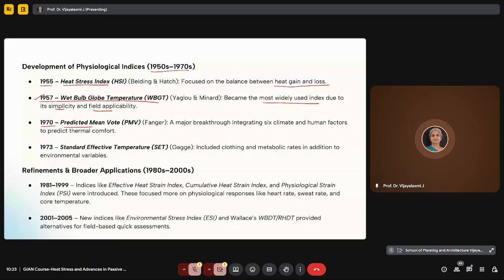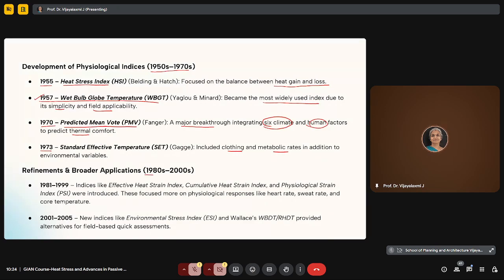In 1970, predicted mean vote came, by Fanger, and this became a major breakthrough because it integrated 6 climate and human factors to predict thermal comfort. Then came the SET in 1973, the standard effective temperature, where clothing and metabolic rates were also added to environmental variables.